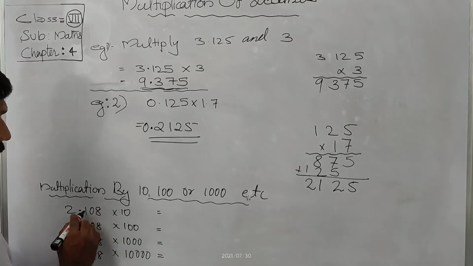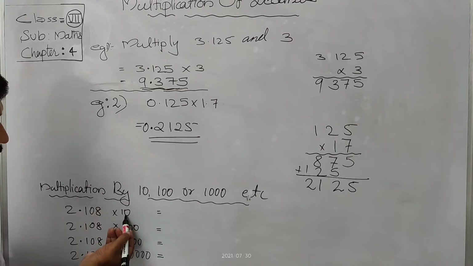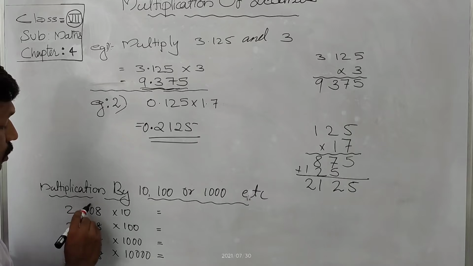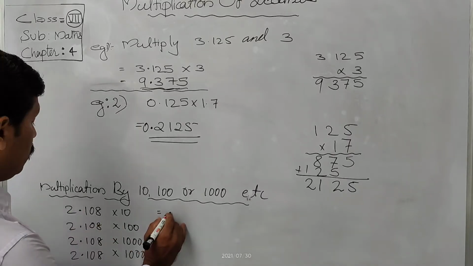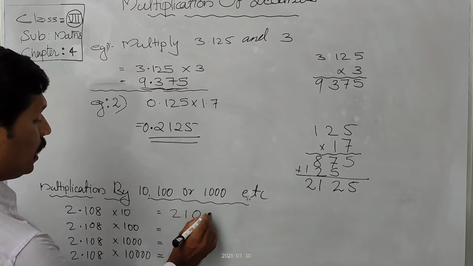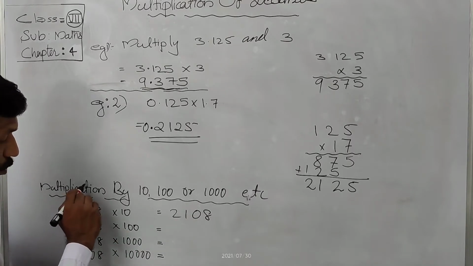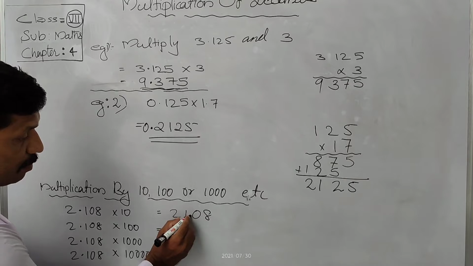Here, in the multiplier 10, there is 1 zero. Therefore the decimal point shifts 1 digit to the right. That means here 2108, where the decimal point is after 2, will be shifted 1 digit to the right. That means it will become 21.08.